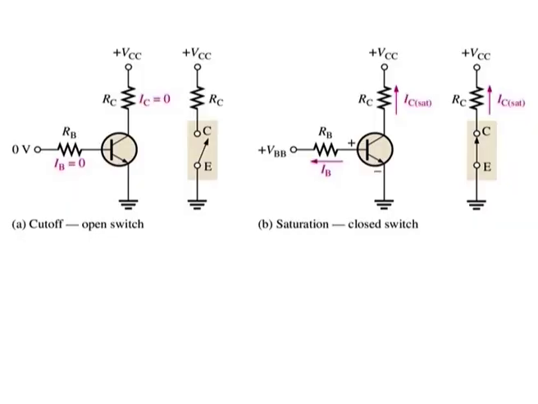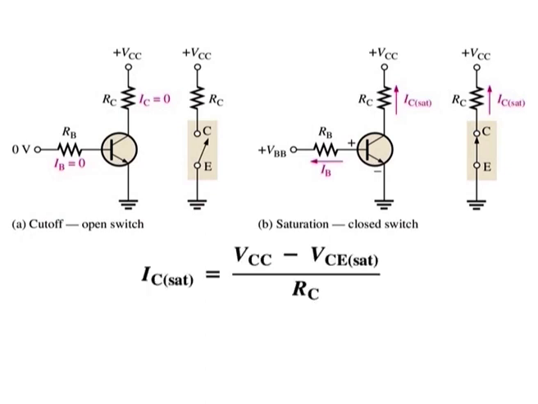Conditions in saturation. As you have learned, when the base-emitter junction is forward biased and there is enough base current to produce a maximum collector current, the transistor is saturated. The formula for collector saturation current is as given here.